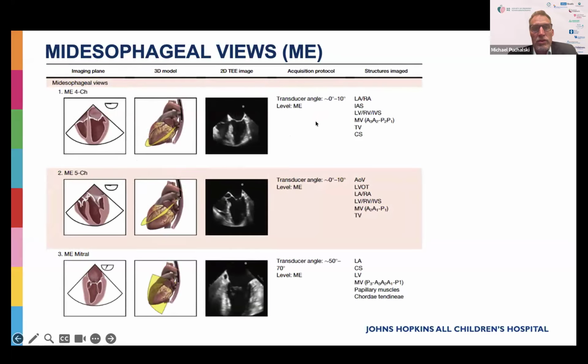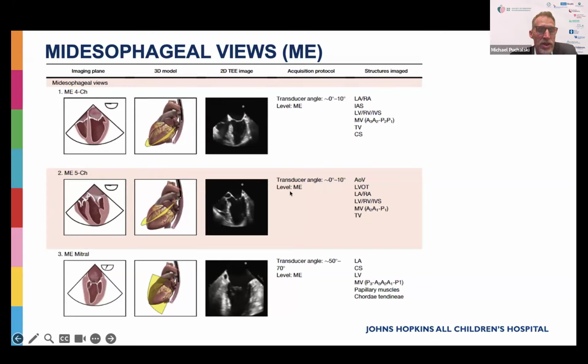You can change your degrees from 0 moving towards 180 degrees, which is how we did the mid-esophageal views. Then all the way over on the right-hand side, we list the structures imaged within each imaging plane. In the mid-esophageal 4-chamber view, the probe is located in the esophagus, directly behind the heart, giving you almost a standard 4-chamber plane.